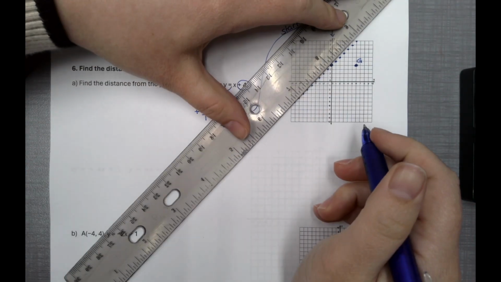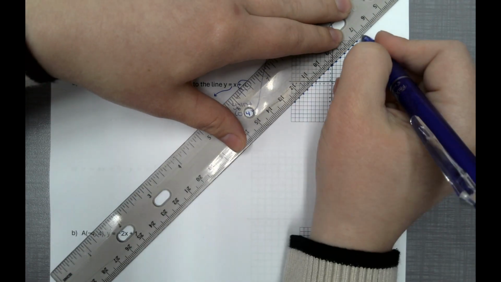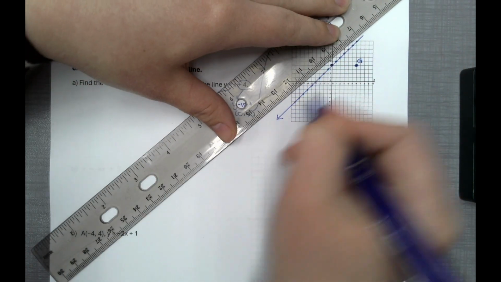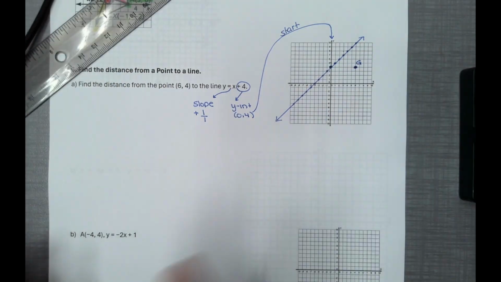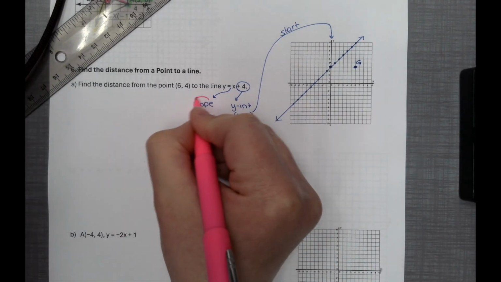Using a ruler, go ahead and connect all of these, and you want your line to be a little bit on the extra side because we are going to be trying to find a point of intersection between G and our line. Now this point of intersection comes from your perpendicular slope.